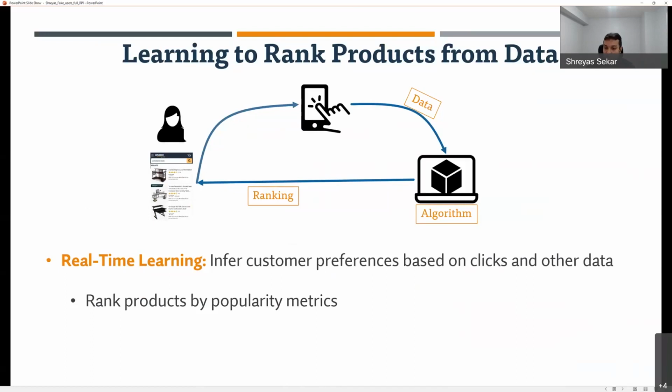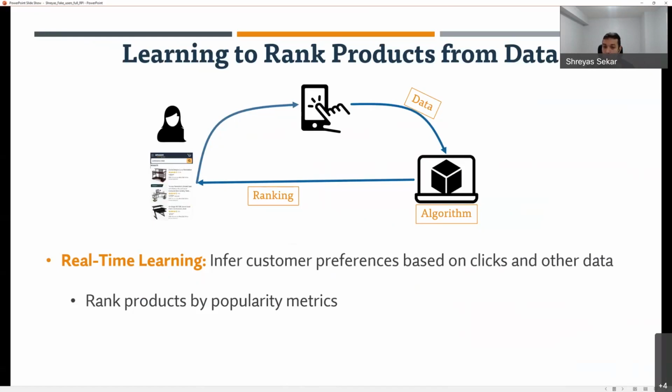Now, all of these customer actions go into this black box machine learning algorithm. This algorithm comes up with a composite popularity metric. Okay, so using all of this data, the algorithm identifies how popular each product is. Now, obviously, each platform's composite popularity metric is proprietary, so I can't tell you exactly what goes into it, but I think we can all kind of guess as to how it works, because in particular, the more clicks I have, the more purchases I have, the more likely my product is gauged to be popular.